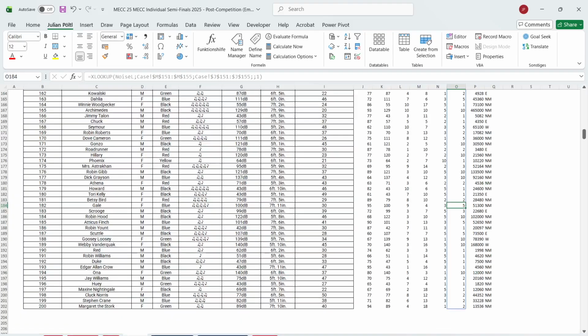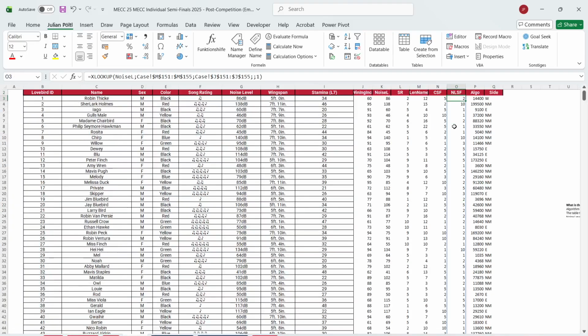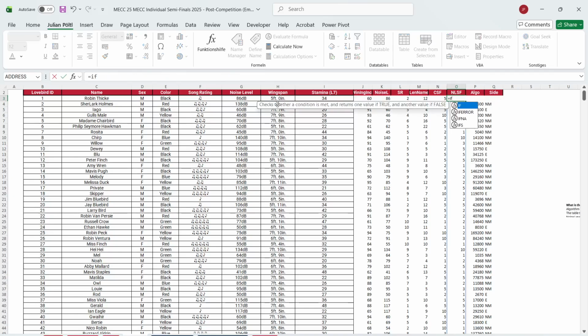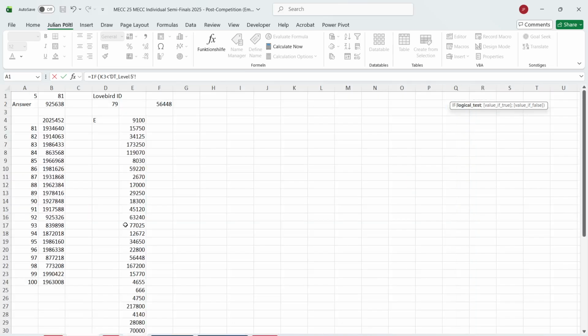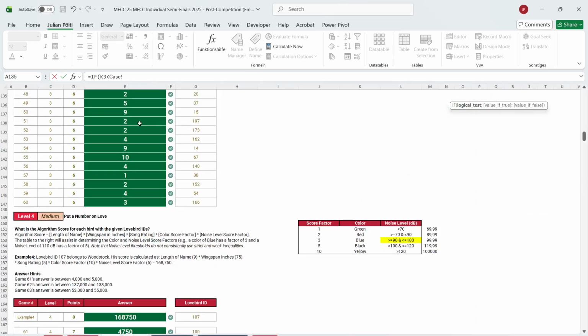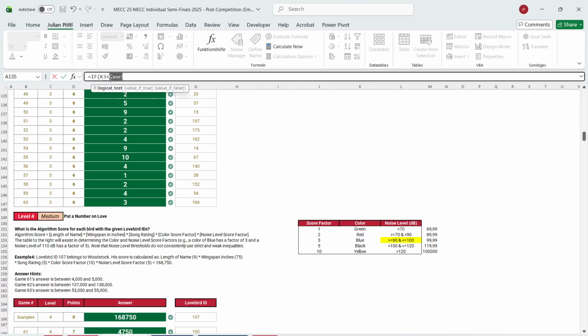Oh, that's crucial. Oh, that's cruel. Oh, guys. So if this is smaller than 70, then 1.